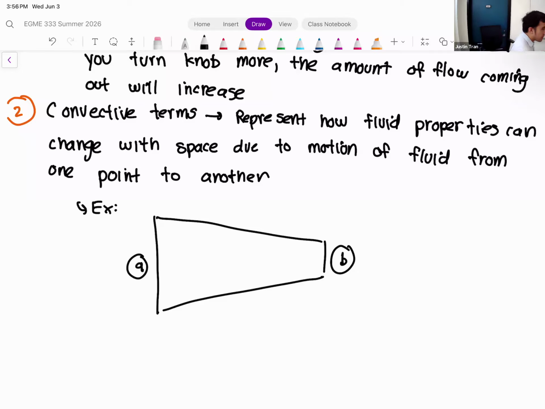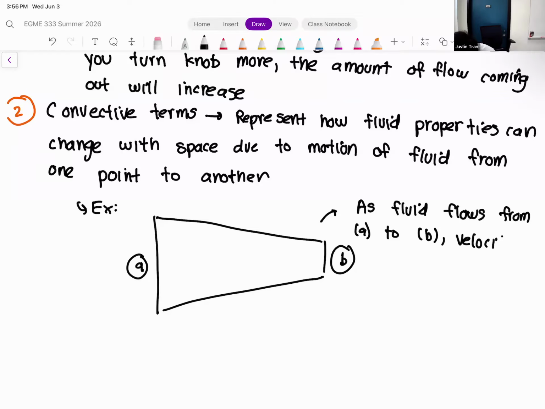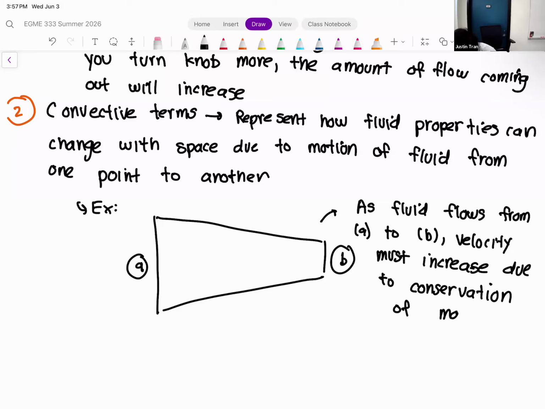Even if we assume completely steady conditions, so nothing is changing with time, as you go from location A to location B, our velocity has to increase just to make sure everything can pass through the nozzle and conservation of mass is satisfied.